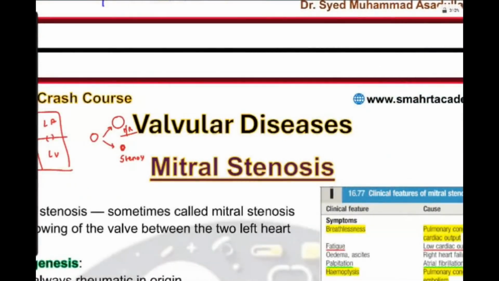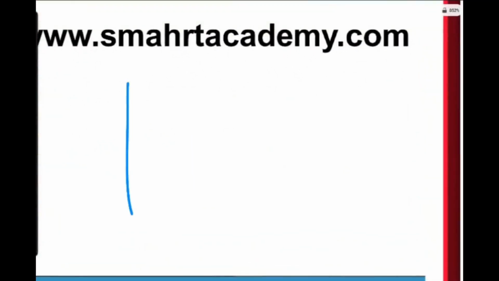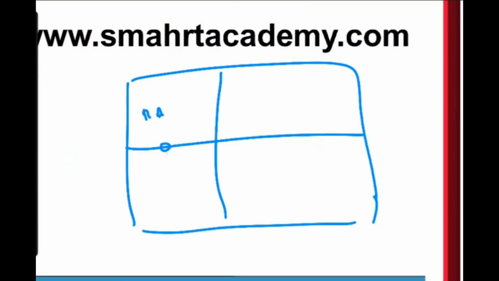Mitral stenosis. Now you tell me, in mitral stenosis what should happen. Again, I will draw another heart for you. I have so many hearts. Okay, this is the right atrium, right ventricle. We don't need that. Now you tell me, this is the mitral stenosis.